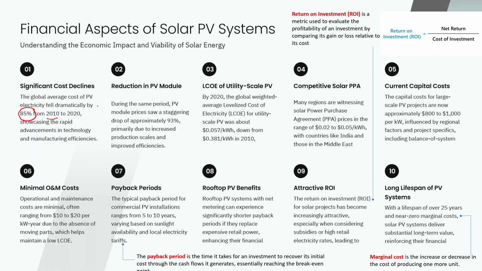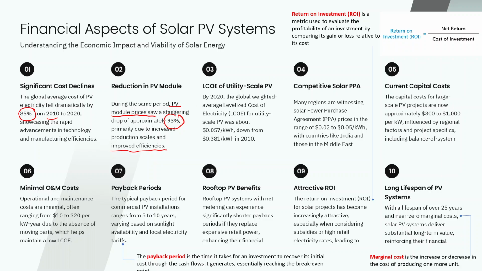And during the same period, the PV module price has also fallen, basically due to advancement of technology. The PV module price dropped approximately 93%, primarily due to increased production scales and improved efficiency.